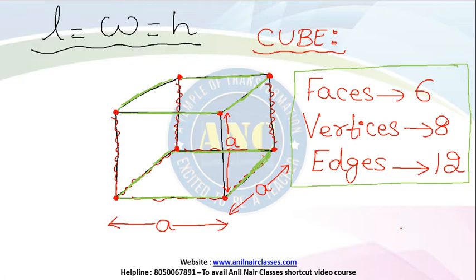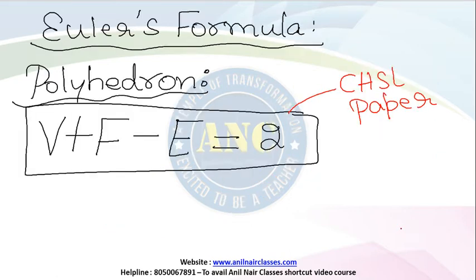And in a cube, there will be 6 faces, 8 vertices and 12 edges totally. And Euler proposed that for any polyhedron, V plus F minus E will always be equal to 2, where V, F and E are nothing but vertices, faces and edges of a polyhedron.